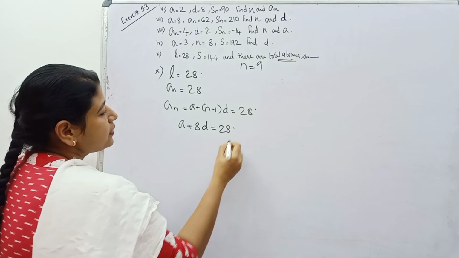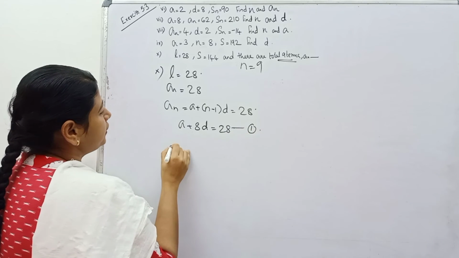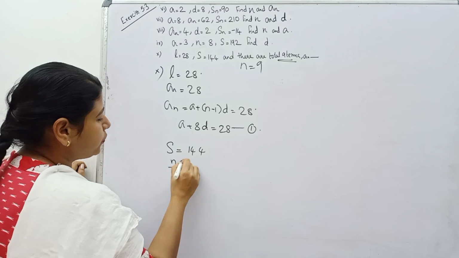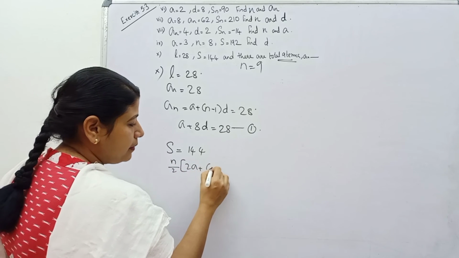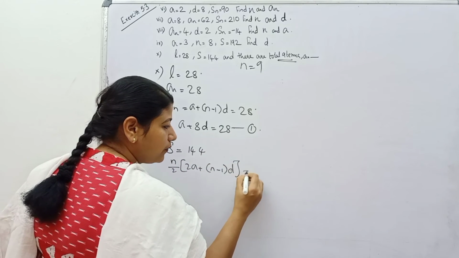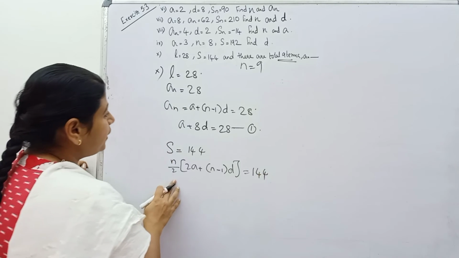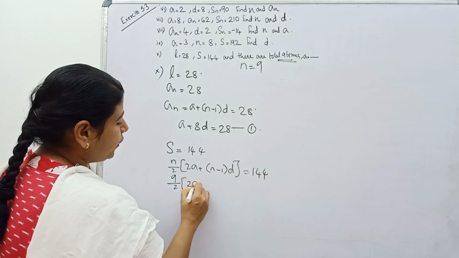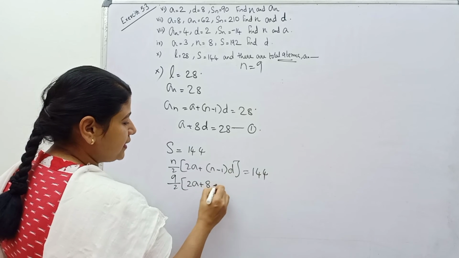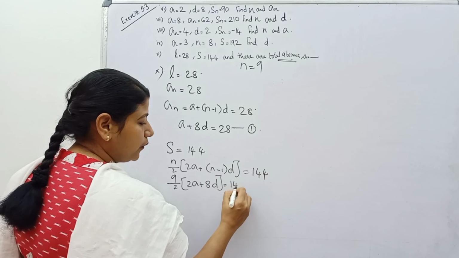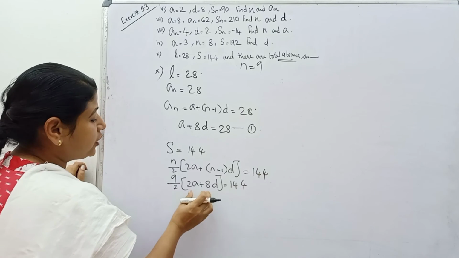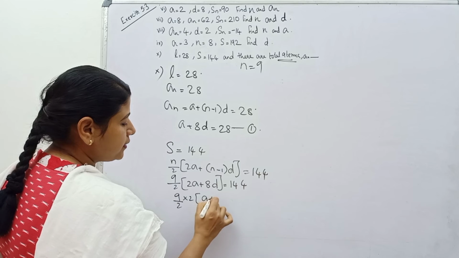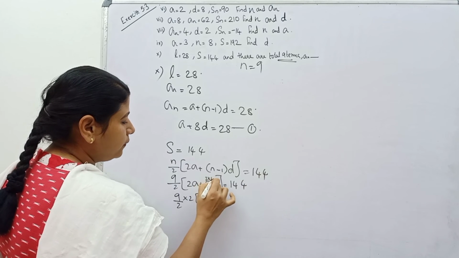So this is the first equation, and we have another condition, S is equal to 144. That is n by 2 into 2a plus n minus 1 into d is 144. Here n is 9. So we can take 9 by 2 into 2a plus 9 minus 1 is 8d equal to 144. In this case also we can take 2 outside. So 9 by 2 into 2, which is a plus, this is 2 into 4, this is 2 into 1.